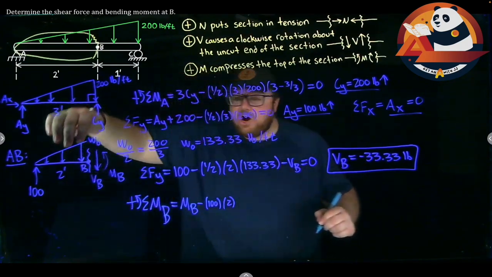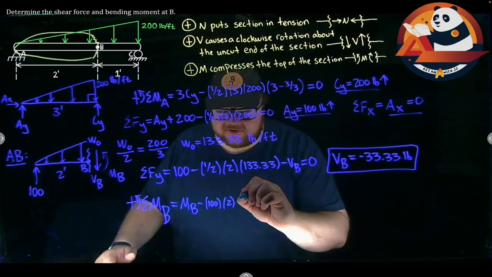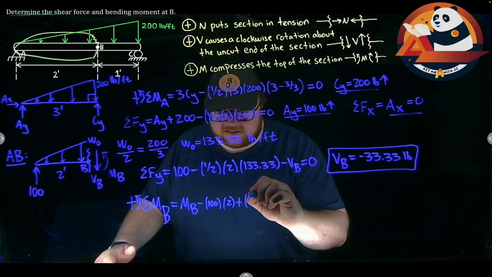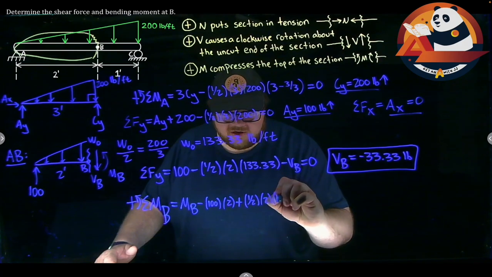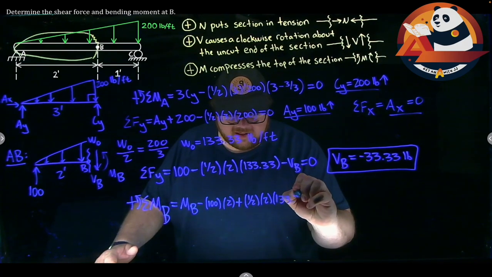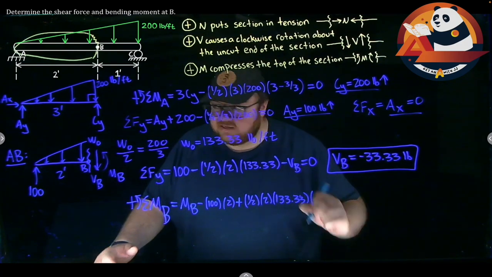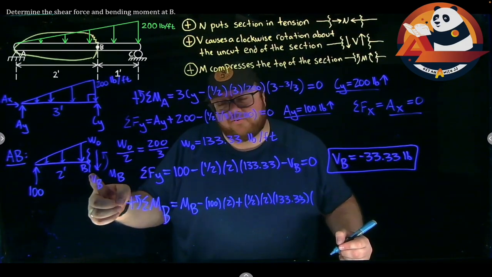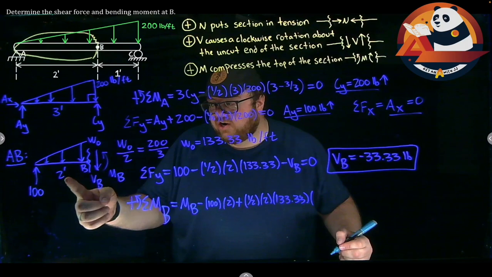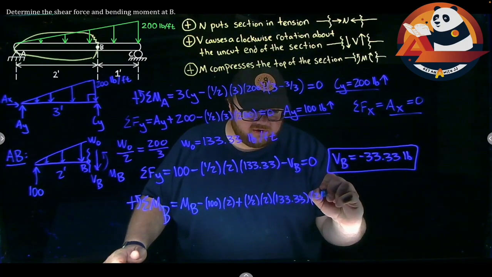My distributed load will cause a counterclockwise rotation. So we'll add this in. Plus force is area, 1/2, 2 times 133.33 times distance. I want to go 1/3 of the way in from the 90-degree corner, which is at B. So just 1/3 of 2 would be 2/3.